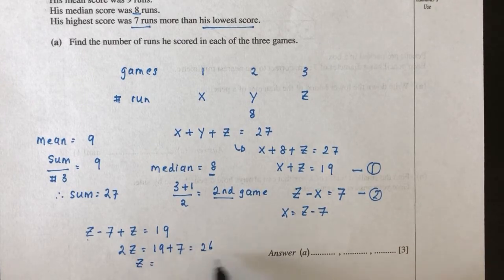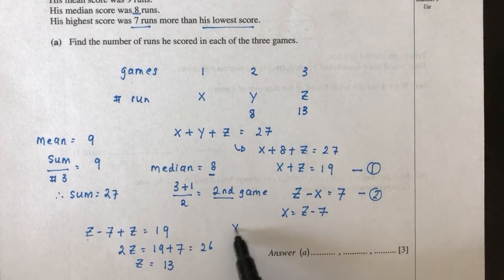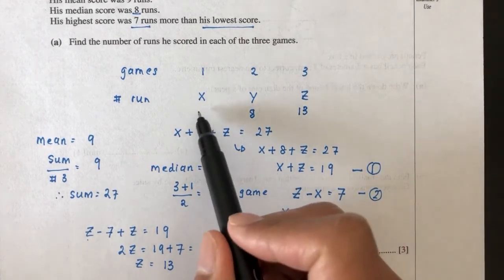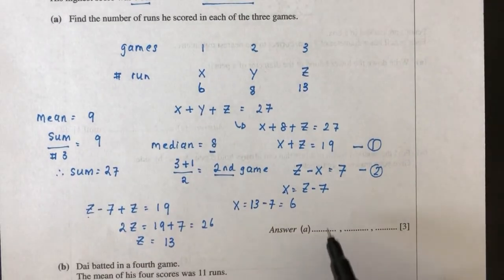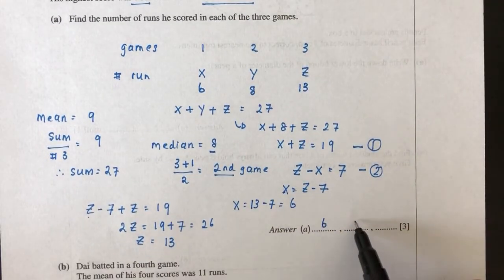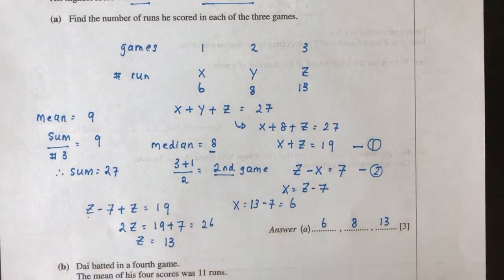So Z equal to 26 divided by 2, that will be 13. And value of X will be 13 minus 7, that will be 6. So the number of runs that we have, X will be 6, 8, and 13. This is your answers for part A.